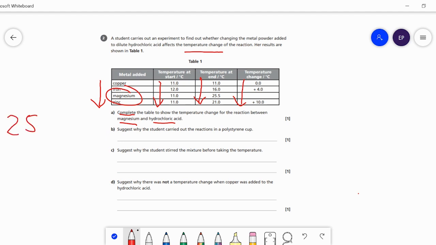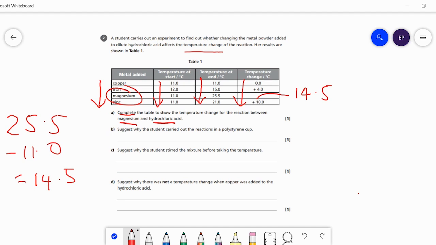So the temperature change will be 25.5 minus 11. We can do that on our calculators to make sure that we've got that 100% correct. So that's going to be a temperature change of 14.5 degrees Celsius. So the missing value is 14.5.